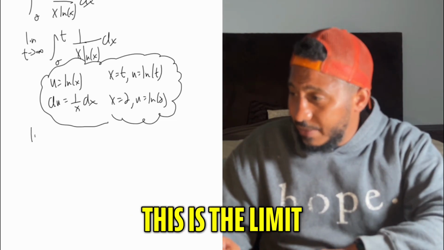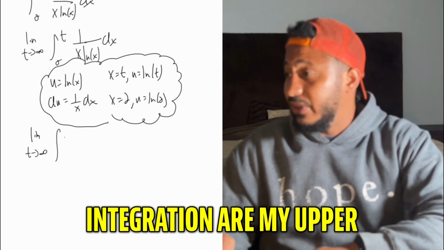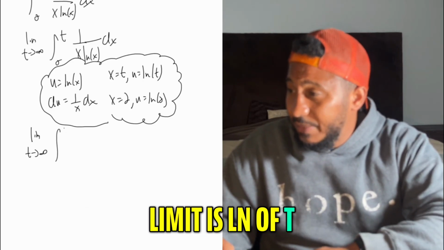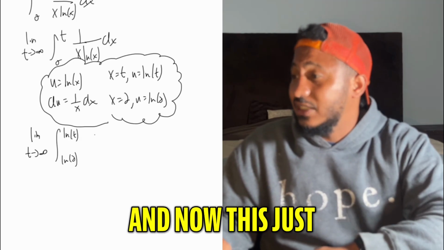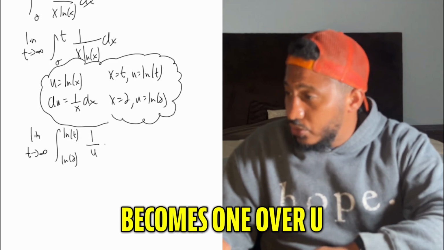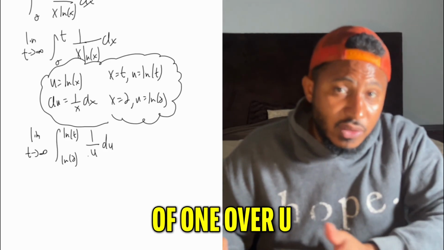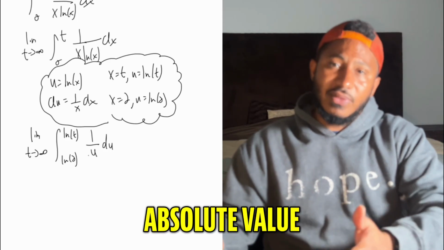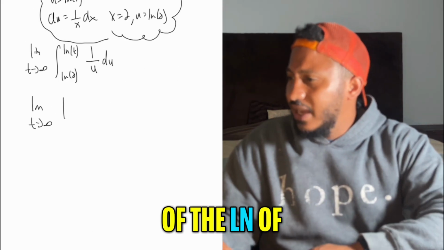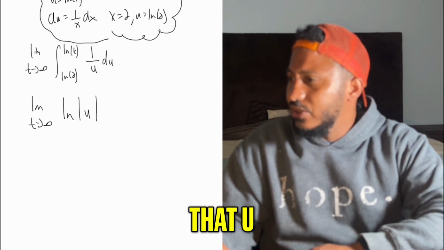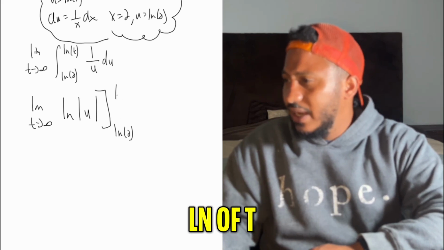This is the limit as t approaches infinity of the integral. Now my new limits of integration are, my upper limit is ln of t, my lower limit is ln of 2, and now this just becomes 1 over u du. And so now we can integrate because we know the integral of 1 over u is just the ln of u, absolute value, of course. So that's the limit as t approaches infinity of the ln of the absolute value of u, and now my limits of integration are from ln of 2 to ln of t.